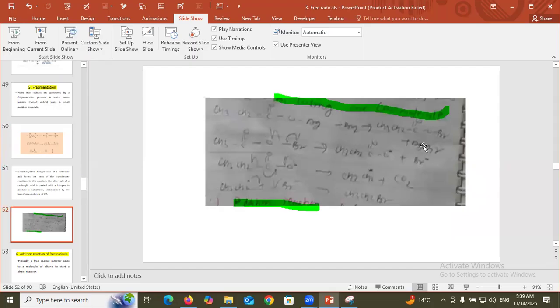See in this example, first of all, silver acetate reacts with bromine, and by single electron movement produces two free radicals. Again, carbon dioxide is removed, and the ethyl free radical and bromine free radical combine and form bromoethane.